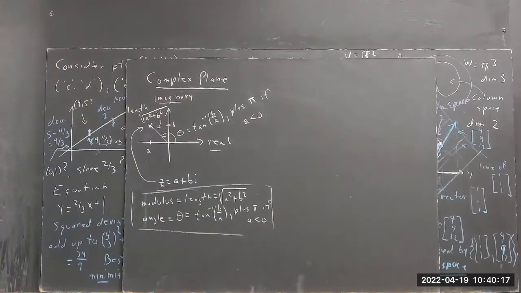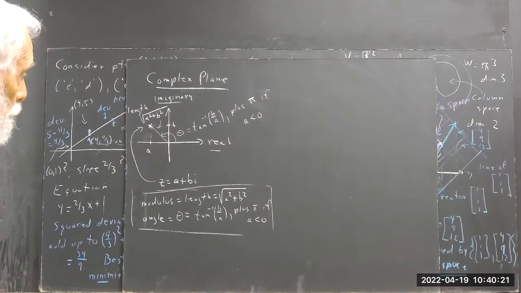It's really easy to show that if you've got two of these things and multiply them, so let's just do that.